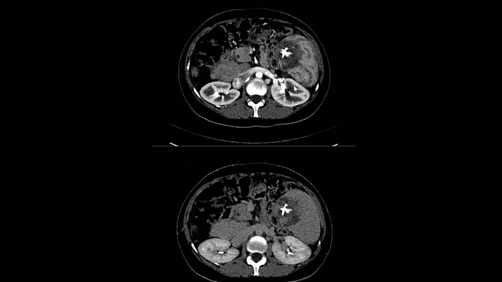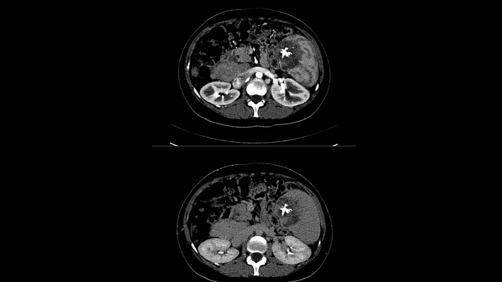Splenic lesions with central calcification have a star appearance. Star appearance, sir. It could be oncocytoma.